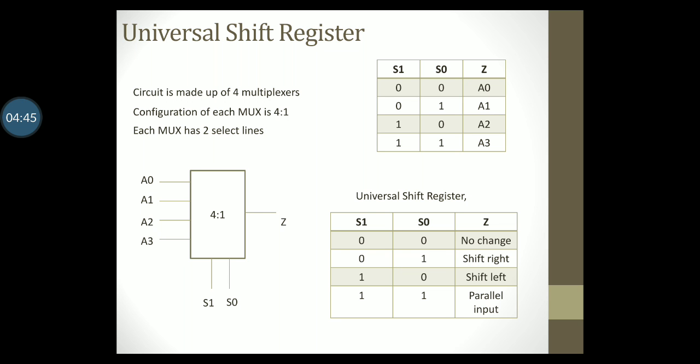When S1 is equal to 1 and S0 is equal to 0, data bits are shifted left through each flip-flop. And finally, when S1 is equal to S0 is equal to 1, then the data bits are moved into the register as parallel input. We will go through each connection in the diagram to understand this truth table properly.